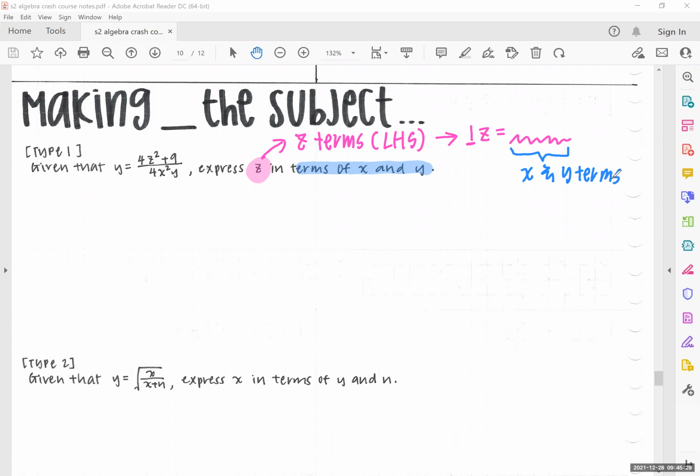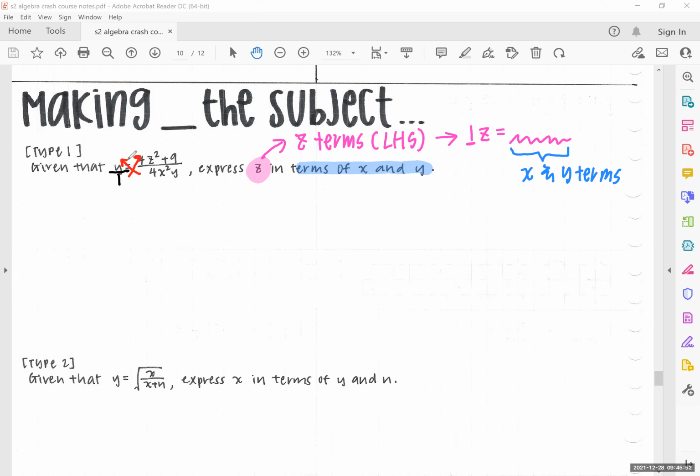Now you can see in type 1, this term right here is a fraction, but this one is not a fraction. So how do we write Y as a fraction? Yes, it's Y over 1. Now, take your red pen, which means we need to cross multiply.